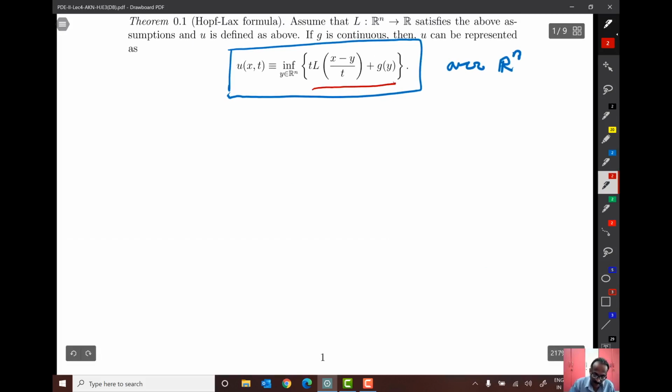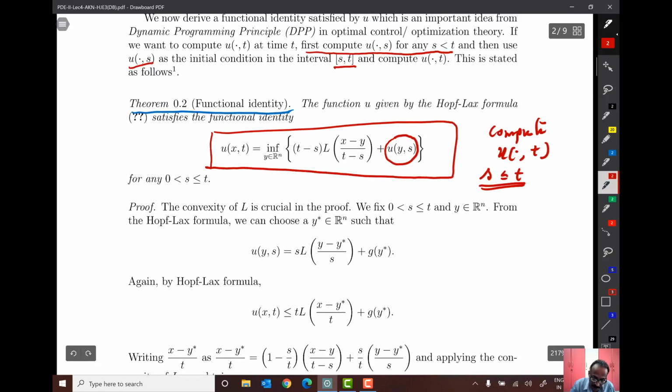On the other hand, you compute the minimum value at time s, take this as your initial condition in the interval s to t, and then compute u at t by a minimization.